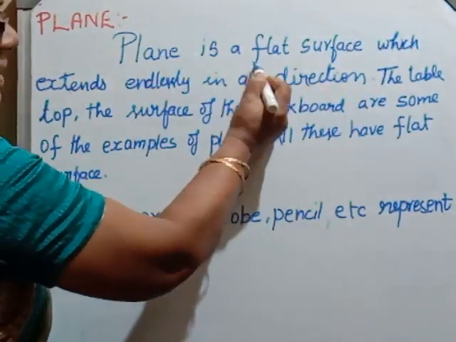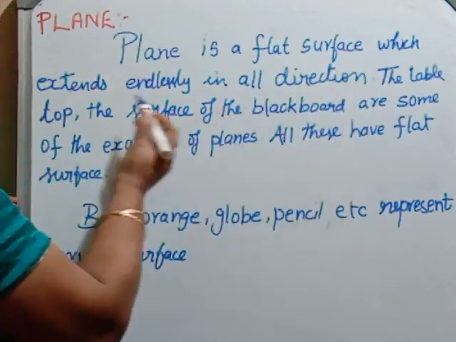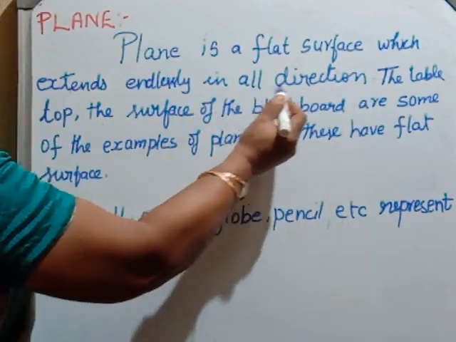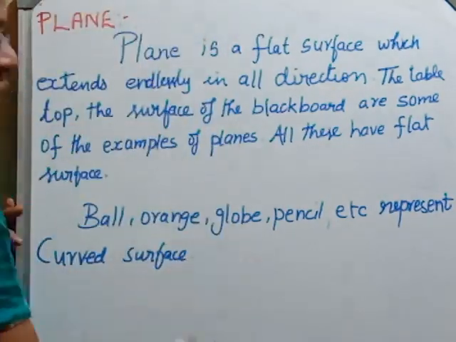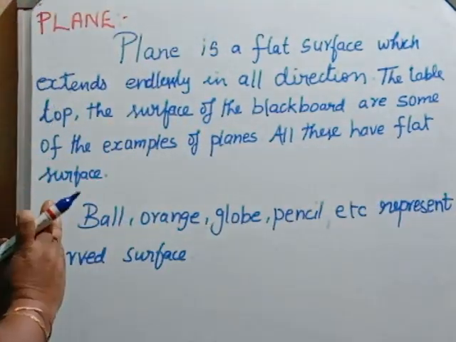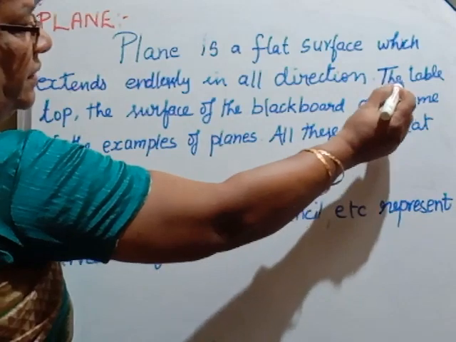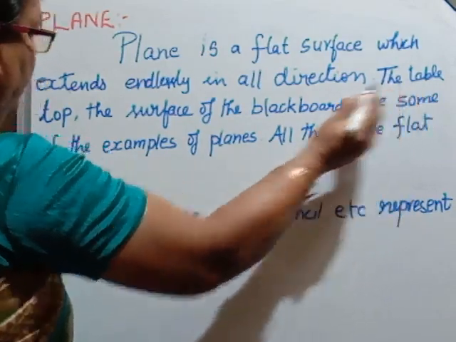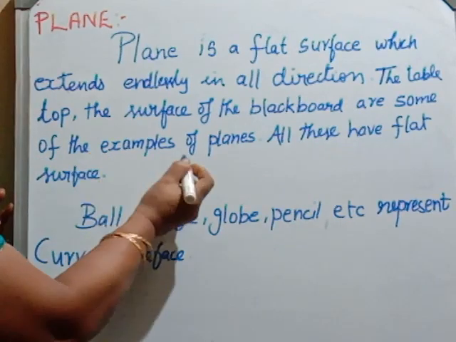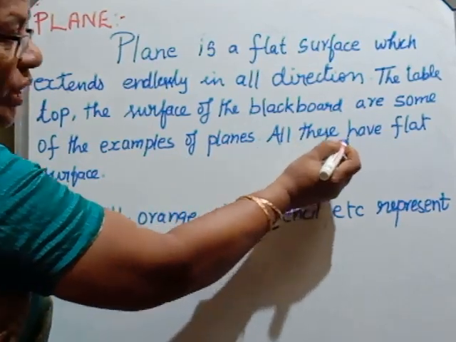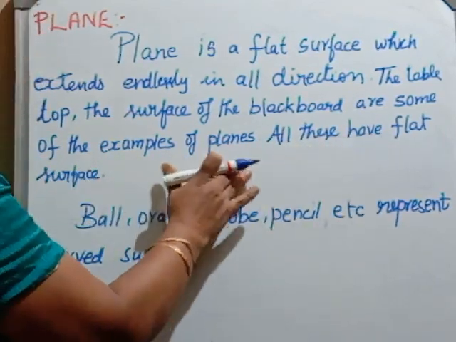So, plane is a flat surface which extends endlessly in all directions. Here the board extends top, bottom, right side, left side in all directions. Here the tabletop, the surface of the blackboard are some of the examples of planes. All these have flat surfaces.